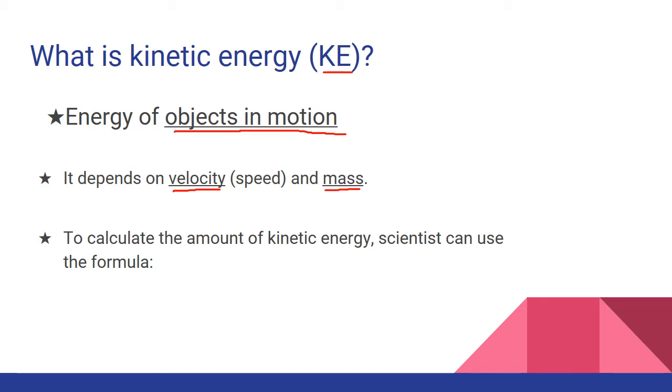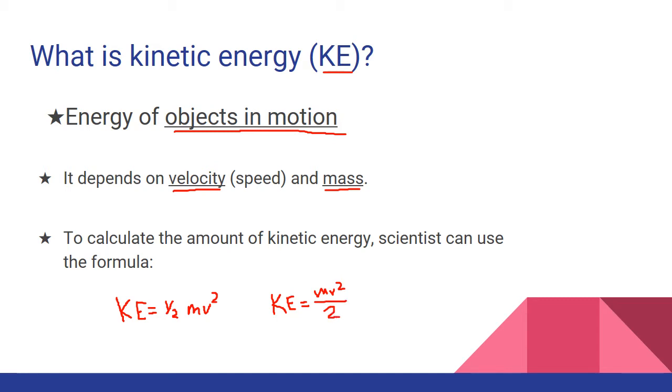We can use a formula to calculate kinetic energy, and it looks like this. We're going to say that KE, kinetic energy, is equal to half mass times velocity squared. And if you know a little bit about math, we can rewrite that as KE equals mv squared over 2.